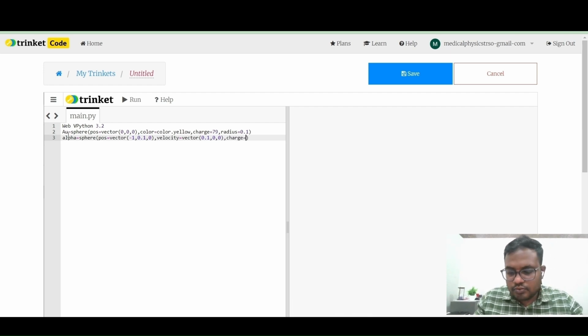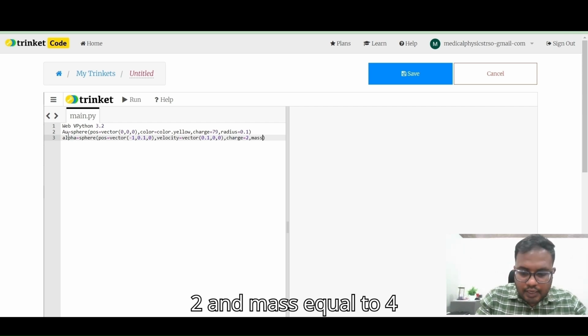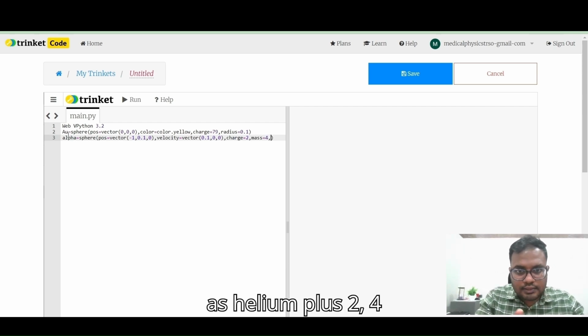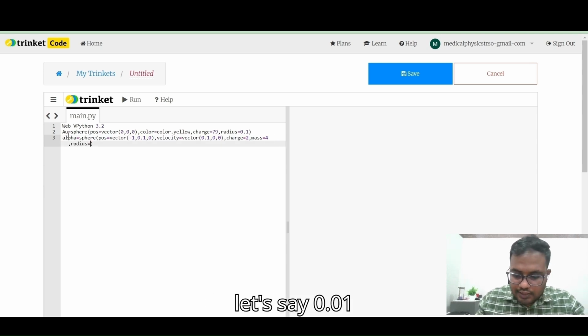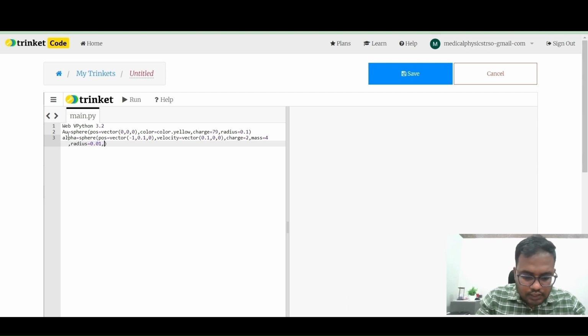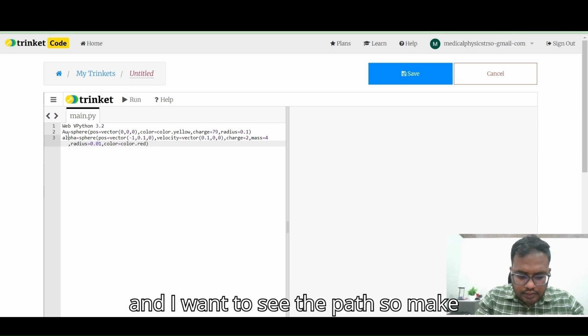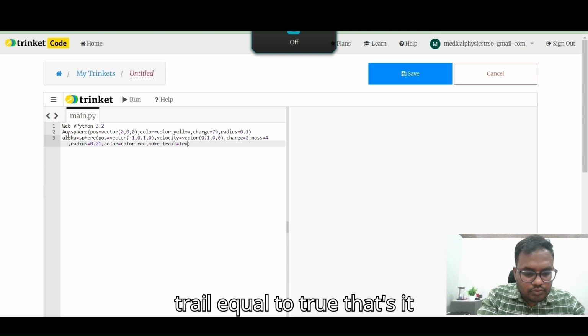Charge equal to 2 and mass equal to 4, as helium +2. Radius equal to, let's say, 0.01, color.red, and I want to see the path, so make trail equal to true.